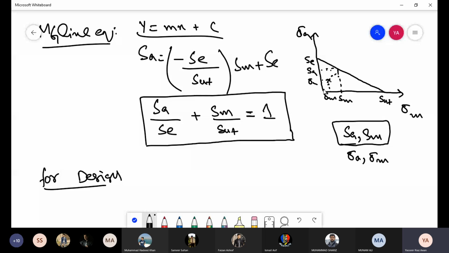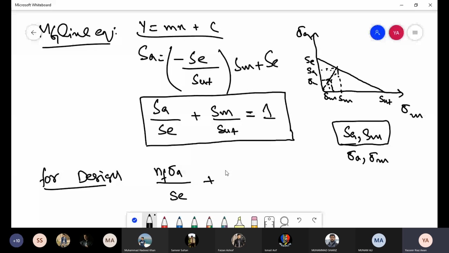We discussed last time how to find the fatigue safety factor: we divide this length by this length. So for design, we replace SA by the fatigue safety factor multiplied by sigma A, divided by SE.